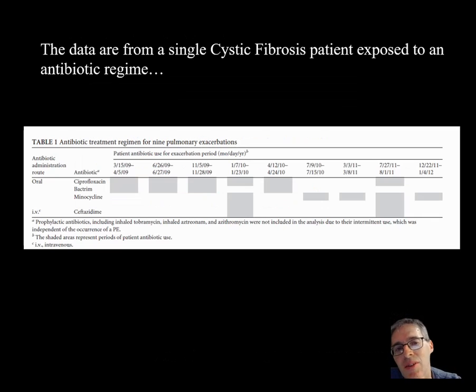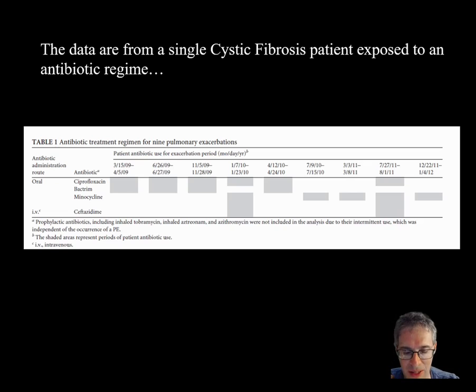So this data set is from a single cystic fibrosis patient exposed to an antibiotic regime over a period of about 3 years. Cystic fibrosis is a genetic disease among Caucasians in Europe and America, the genetic disease with the highest mortality rate among Caucasians. It's caused by a defective ion channel, a chloride channel.